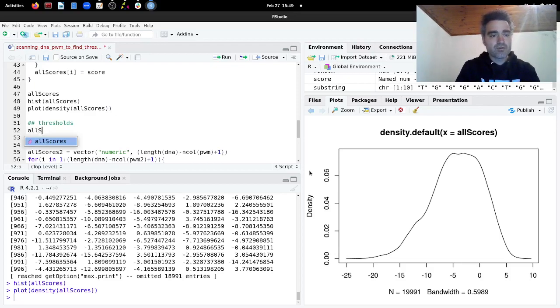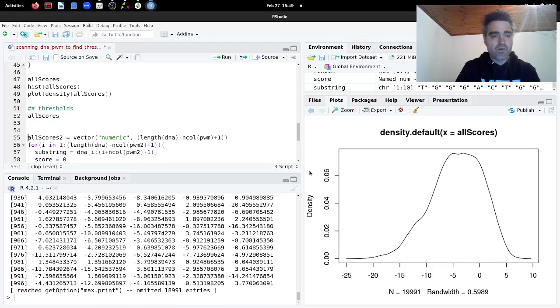We get all scores, we sort them. There are two ways. One is a manual way. I will show both of them. Sort the scores.